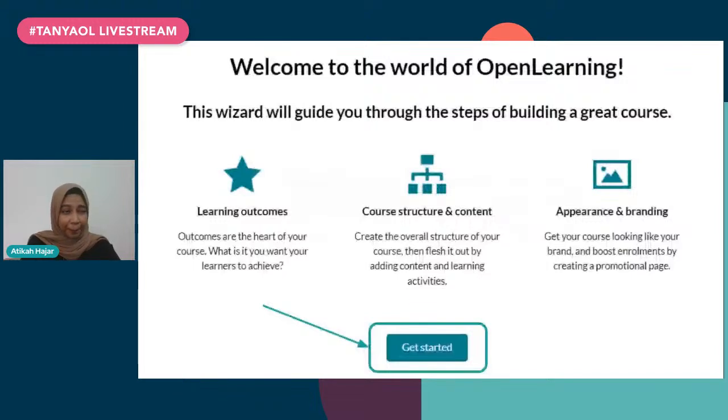That's basically the basics of what you need to set up on OpenLearning. So what you need to do is just click get started. When you see this pop-up, don't click elsewhere. Just click get started if you need the wizard's help.